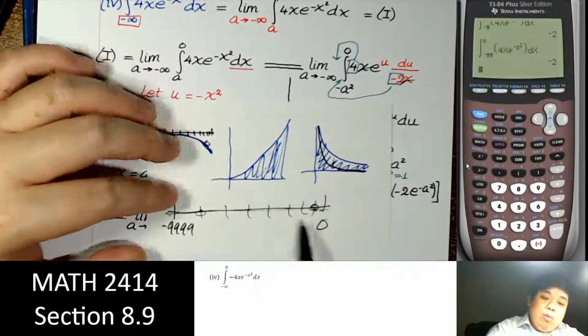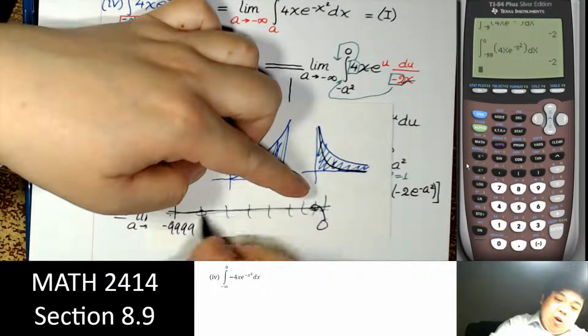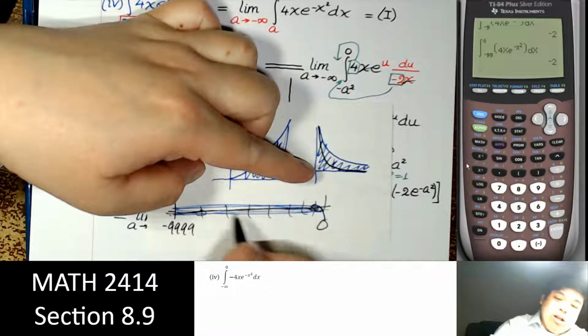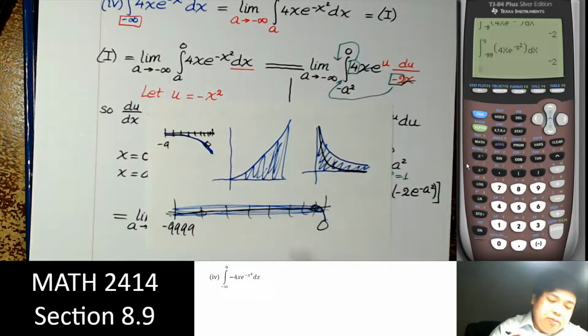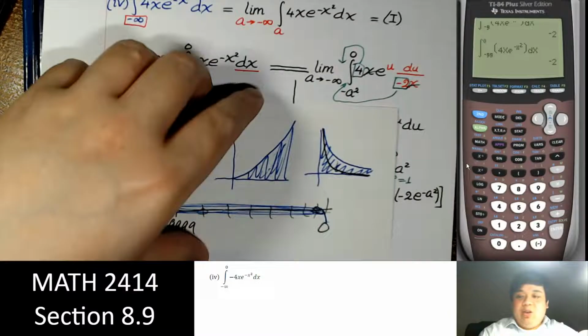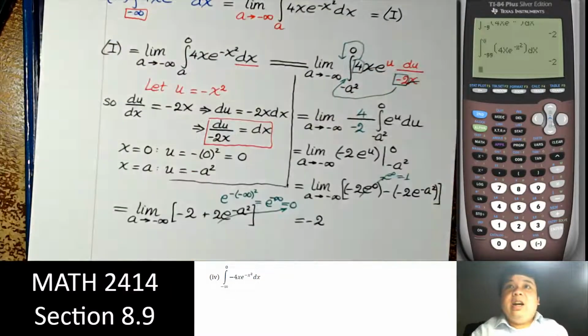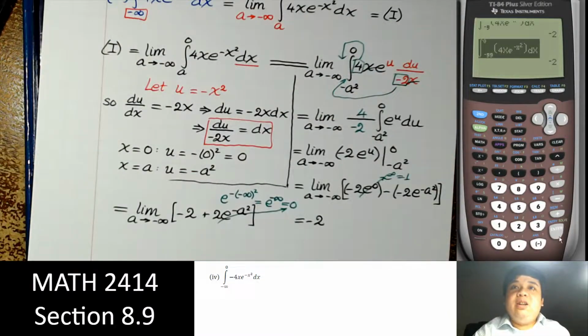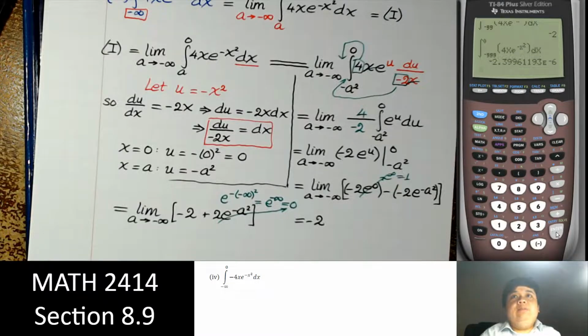Remember, because the function goes to 0 rather quickly, if we choose a bunch of points here, all of these are equal to 0 anyway, because they go to 0 very fast. So we have to choose something like negative 9 or negative 99. How about negative 999? It gets close to 0.